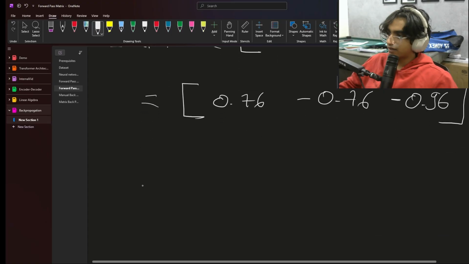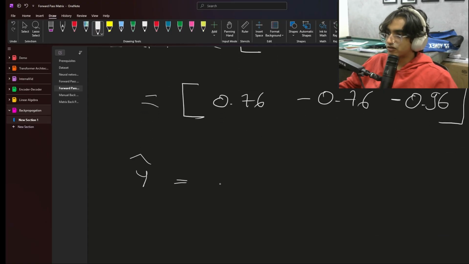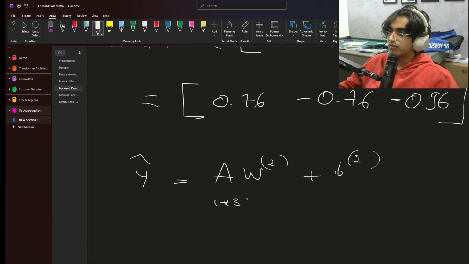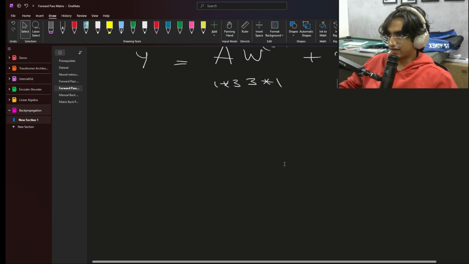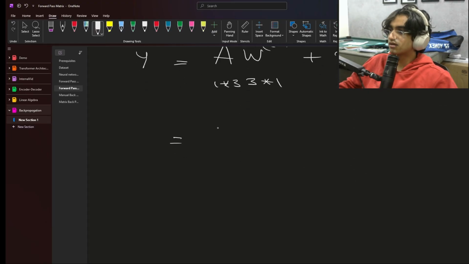Then our output y cap is just going to be AW2 plus B2. We know A is 1 cross 3, W2 is 3 cross 1, and our B is just going to be 1 cross 1. So again, we do the matrix multiplication.